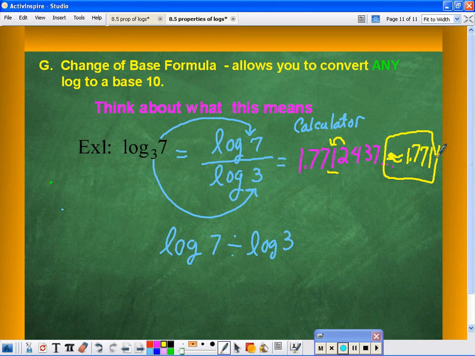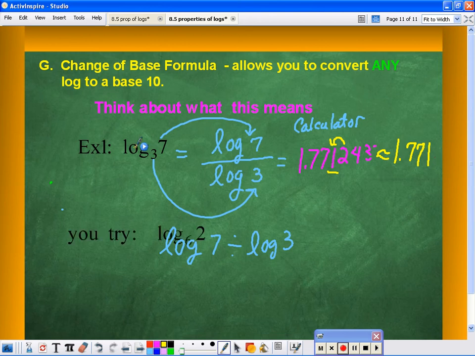So again, keep that in your calculator, and when you do, you just got to estimate to the nearest thousandth. I'm going to rewrite that so that we're clear about what the answer is, and it's approximately 1.771. That's the answer.